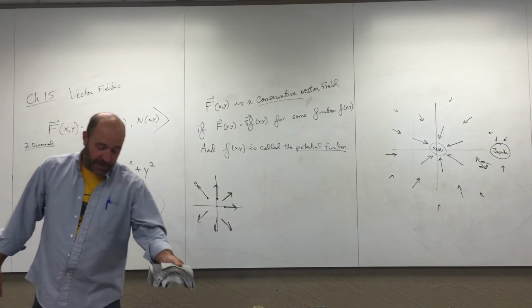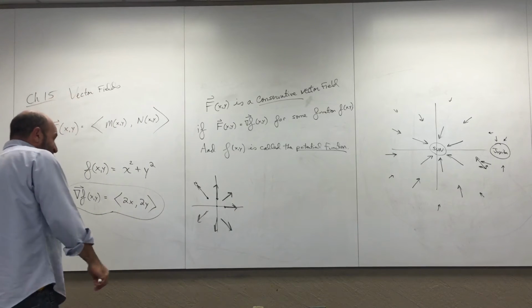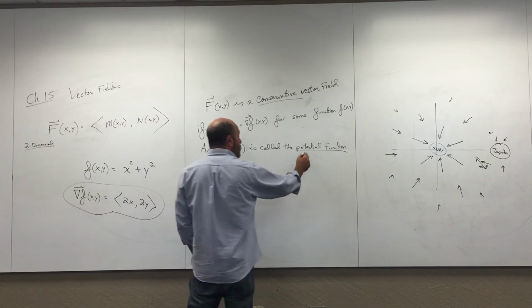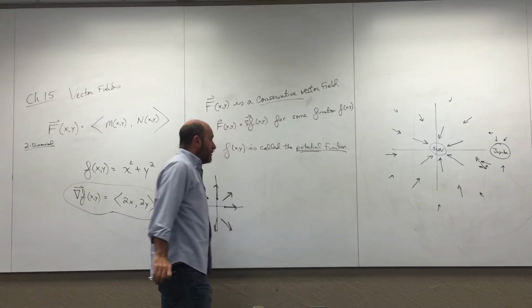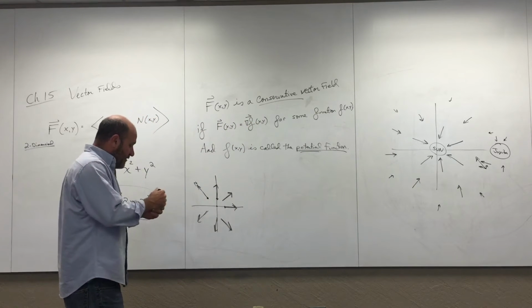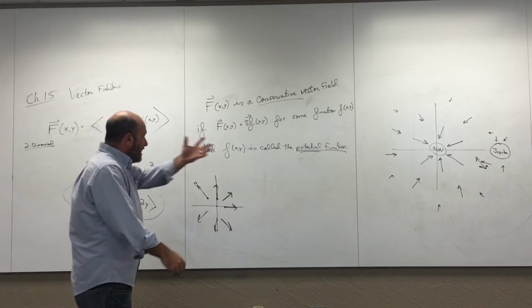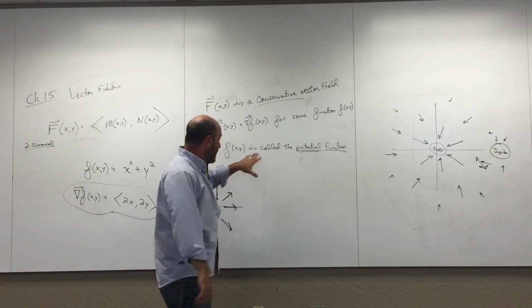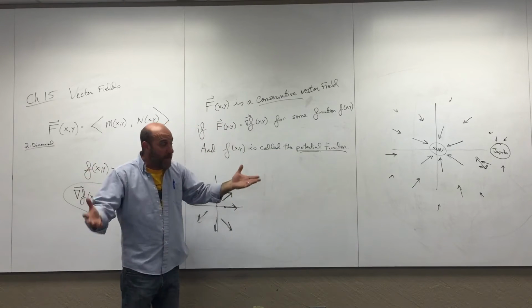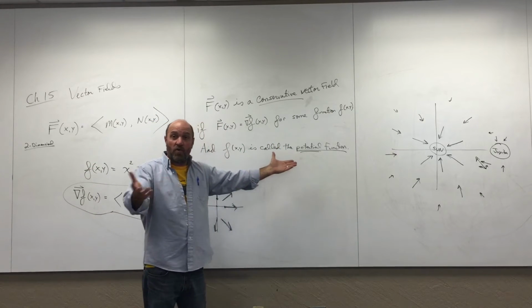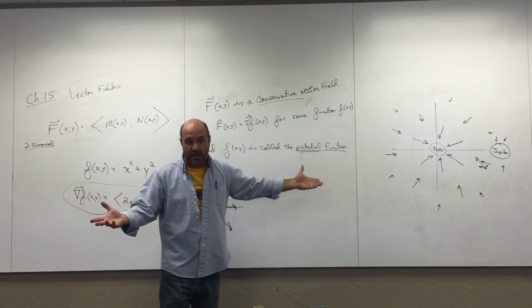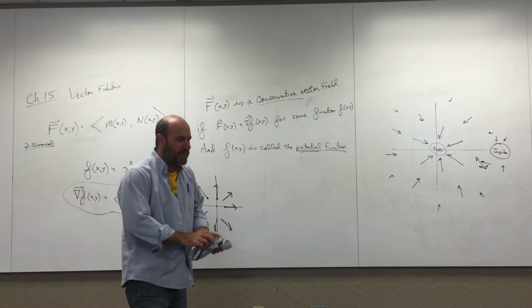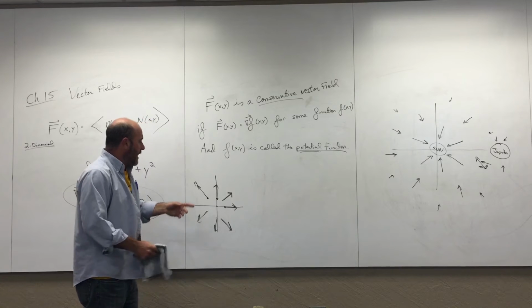So, that's kind of interesting. And it's not a coincidence that we use this word potential. Again, I'm not really a physics teacher, but this potential function is related in physics to the idea of potential energy, or even the word electric potential, which might be next semester's physics.